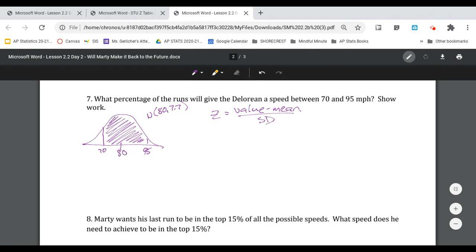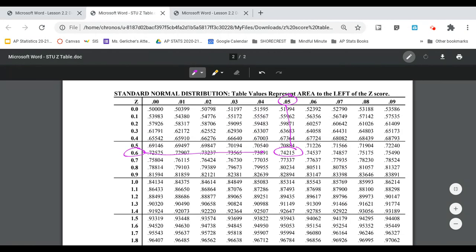So our first one will be 95 minus 80 over 7.7, which gives us 1.95. And if I go look that up on table A, 1.95.